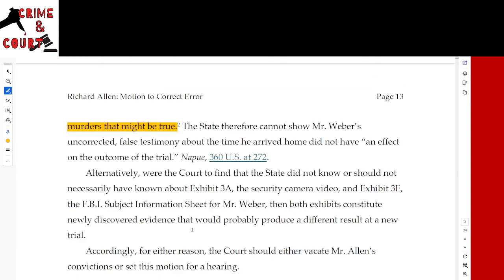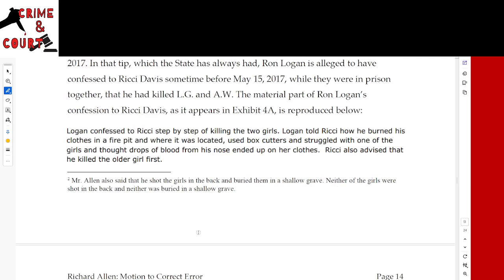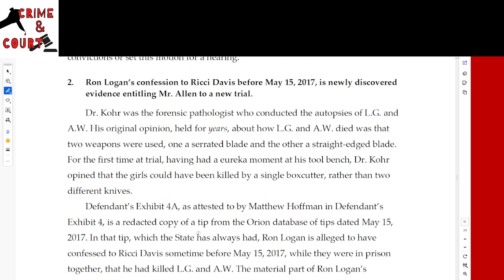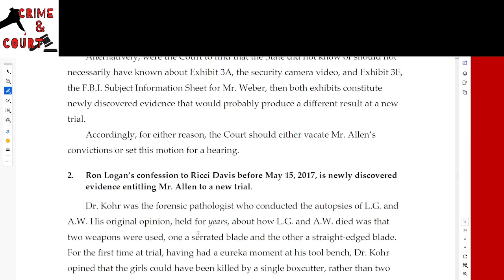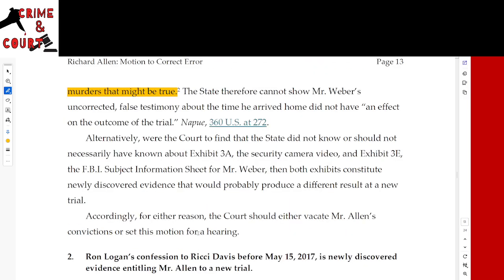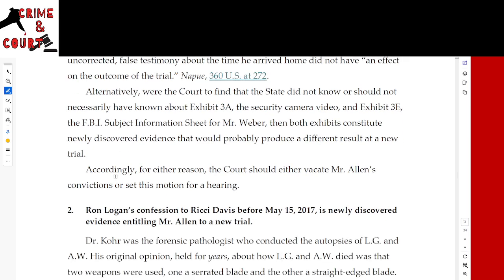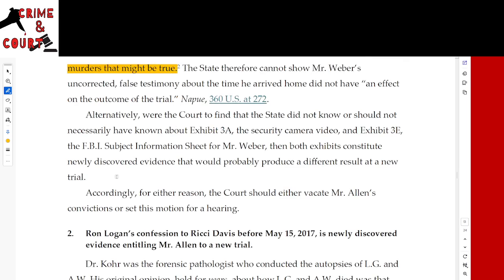So there's that. We have a footnote here that says Mr. Allen also said that he shot the girls in the back and buried them in a shallow grave. Neither of the girls were shot in the back, and neither was buried in a shallow grave. He also admitted to taking the life of his family members and people who were not dead, like his daughter. So there were lots of confessions he made that weren't necessarily true.